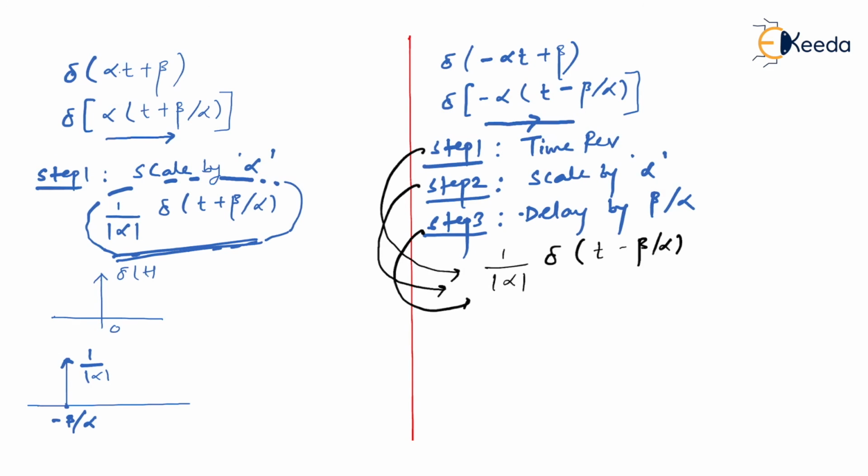So if I want to draw this signal, I'll be drawing like this. T minus beta by alpha, so I have to plot it at positive beta by alpha. As I said, it is going to remain an impulse signal only, but only the area gets modified by 1 upon mod of alpha.